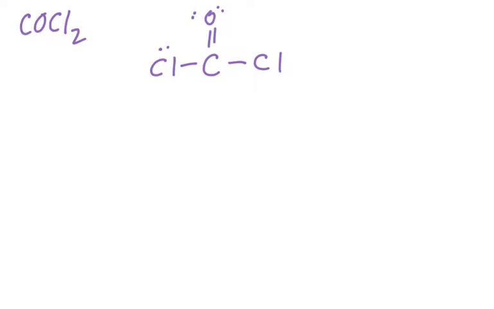The next was COCl2. Lewis structure given as CO double bond and CCl single bonds. Right? Electron geometry is based on the number of electron groups. 1, 2, 3. So we've moved on, and we now have trigonal planar.